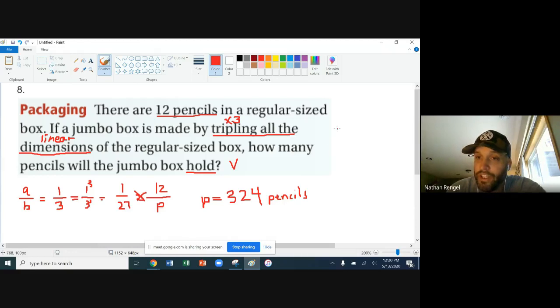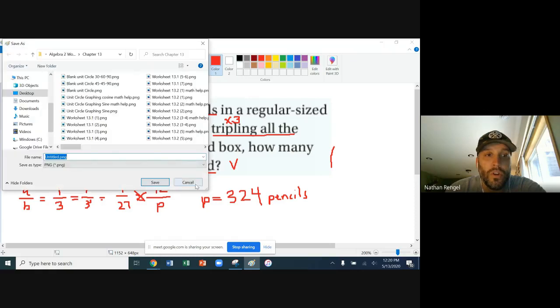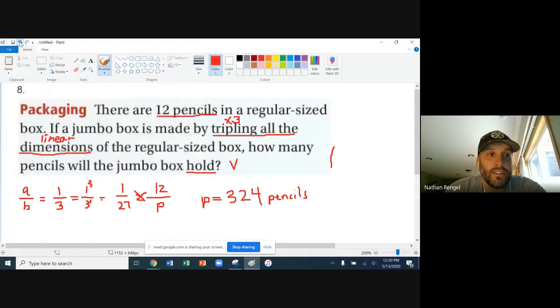So just a real quick visual of that. If we have the regular box, the regular box holds 12, so here's my box of 12. It's 12 wide, 12 tall, we'll say.